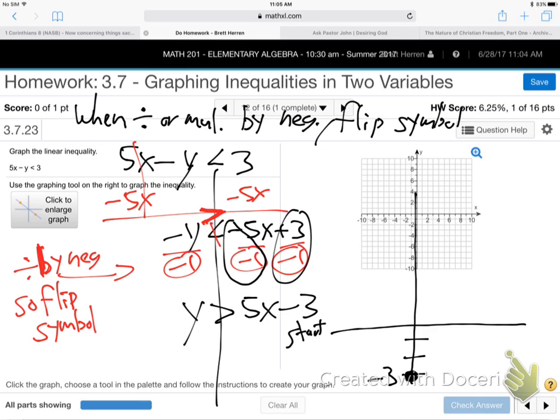And then from there, we take the 5 and we put it over 1, and that's rise over run. So we go up 5 over 1, 2, 3, 4, 5 over 1. There's our other dot. Is that good for our 2 dots? So the first one starts at -3. Then I go up 5 over 1. Now we connect the dots. Like that.